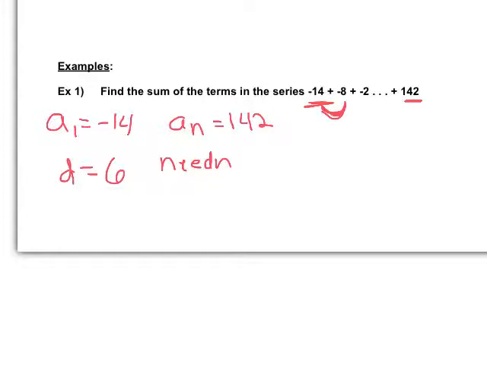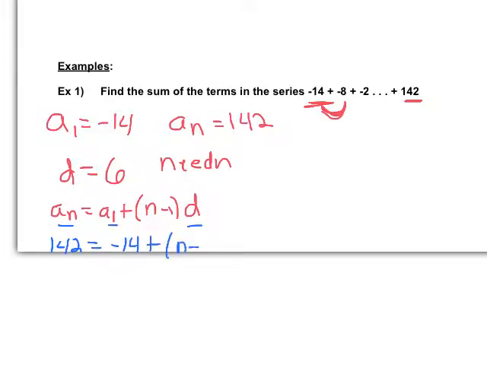So in order to find n, I go back to my original formula. A sub n is equal to a sub 1 plus n minus 1 times d. I have everything else. I have a sub n, I have a sub 1, I have d. I can solve for n. So I'm going to substitute in. A sub n is 142, a sub 1 is negative 14 plus n minus 1 times 6.